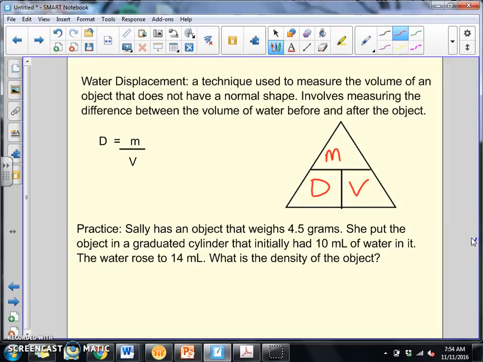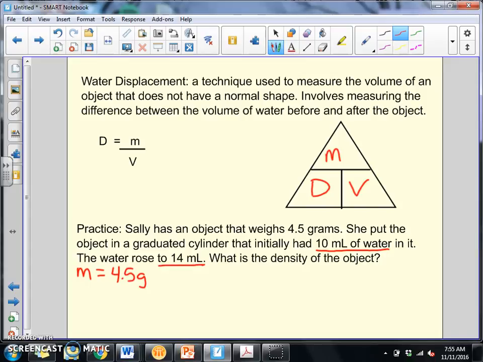So if we are following our method, we would first write what is given to us. We know that our mass is equal to 4.5 grams. But I also have two different volumes. I have 10 milliliters of water, and I know that the water rose to 14 milliliters.